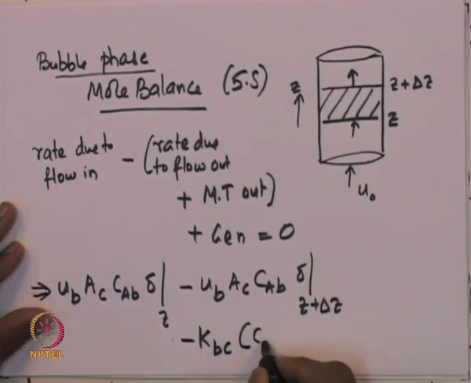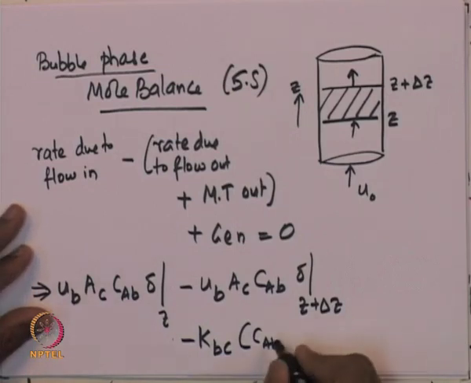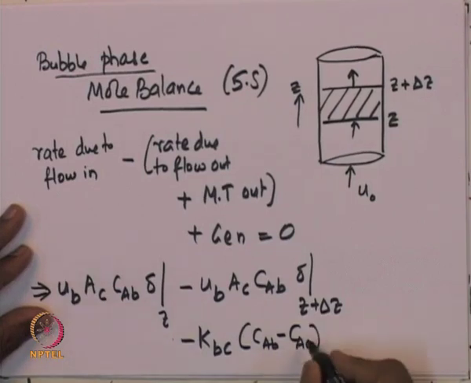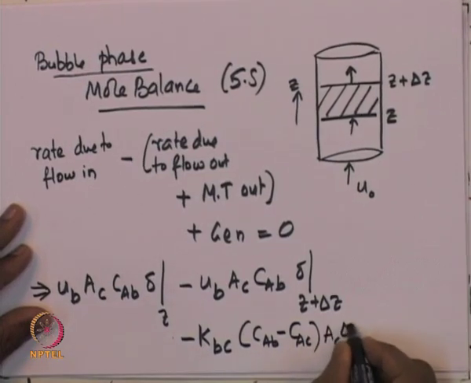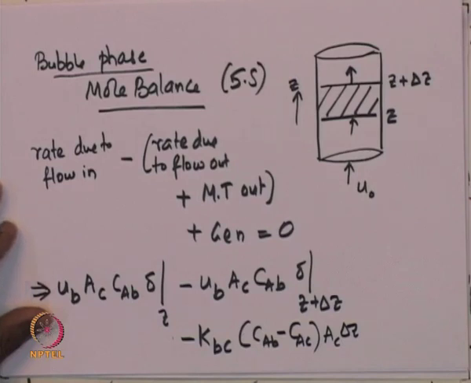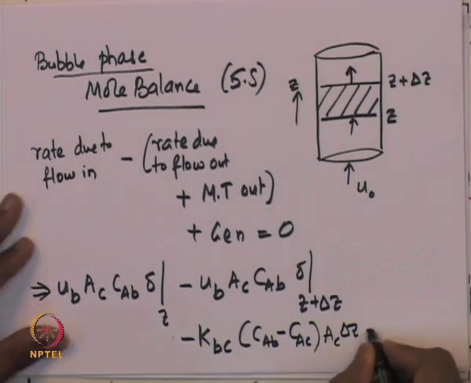and the mass transport is given by minus Kbc into Cab, the concentration of the species in the bubble phase, minus the concentration of the species in the cloud phase, multiplied by the cross section area into delta z. That is the rate at which the species is leaving the bubble phase and going into the cloud phase, minus the corresponding reaction rate.